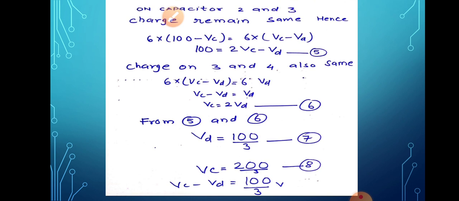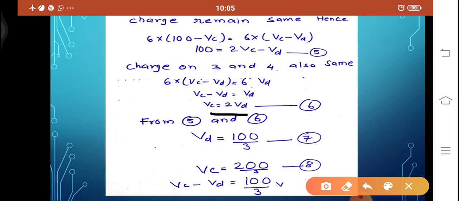If you put this Vc here, you will get Vd equal to 100 by 3. Once we get Vd, we will get Vc also, that will be 200 by 3. Therefore, the potential difference between Vc and Vd will be 100 by 3.